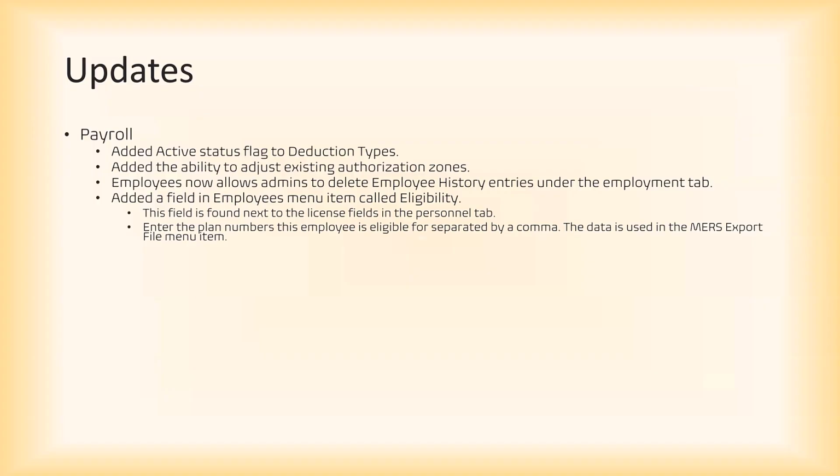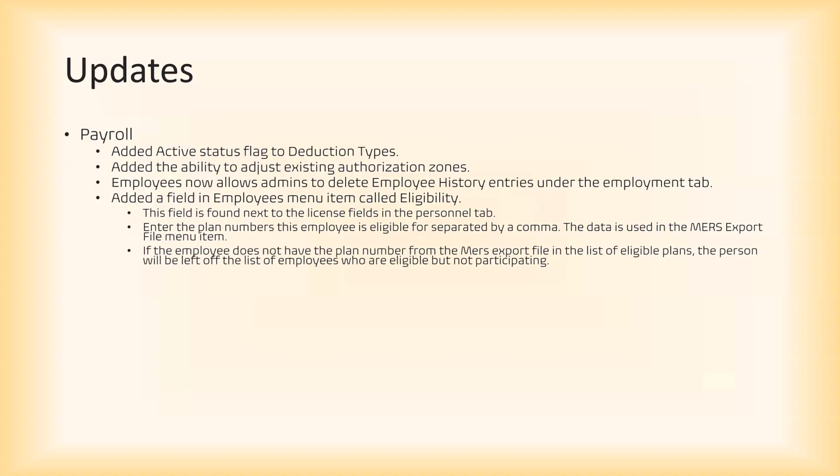So we added that ability to now exclude employees from the Empower upload. When you're running the MERS export file, if the employee does not have the plan number you enter, they will not be added to the list of eligible but not participating. If you leave the field blank, the employee will still be included in the list.